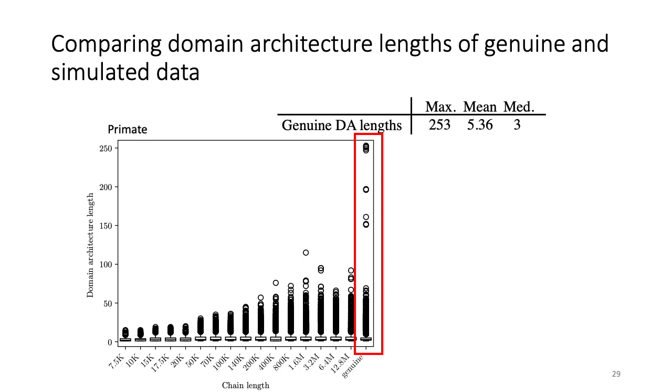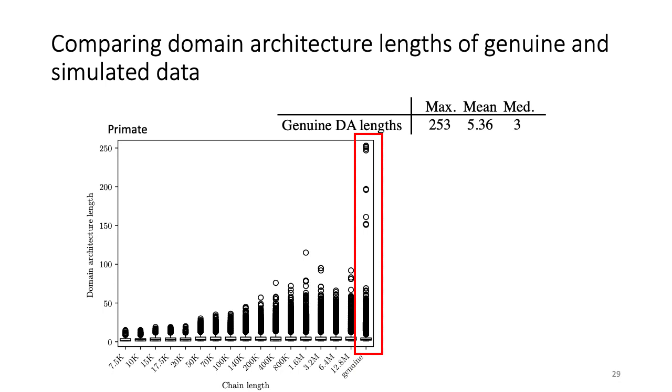We first consider the distribution of domain architecture lengths as a function of chain length. We ran chain lengths ranging from 7.5 thousand to 12.8 million time steps. Here I'm showing you final domain architecture length distributions for various chain lengths from the primate simulations. And this is the genuine length distribution on the right.